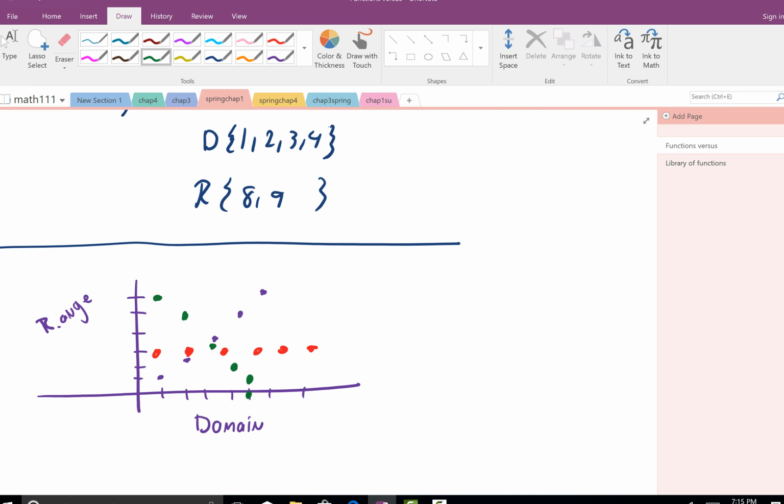Now, in a graph, there's a really easy way to test to see if something's a function. I'm thinking most of you probably know what it is. Do you know what it is? The vertical line test, okay? Good.